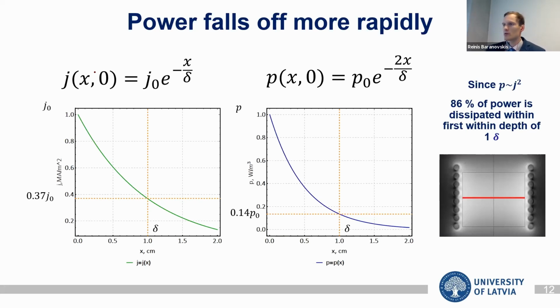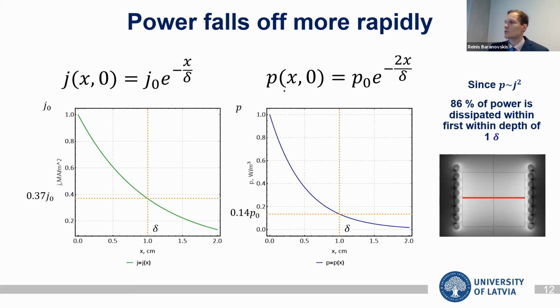And by definition, within one skin depth, which has dimensions of just distance, meters, the intensity falls to about 37% of the originally applied electric or magnetic field or alternating current.